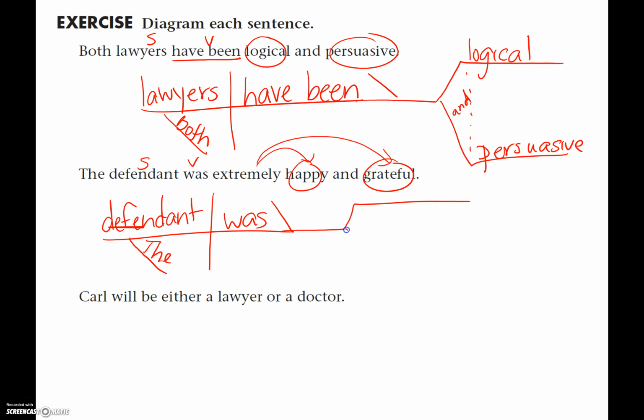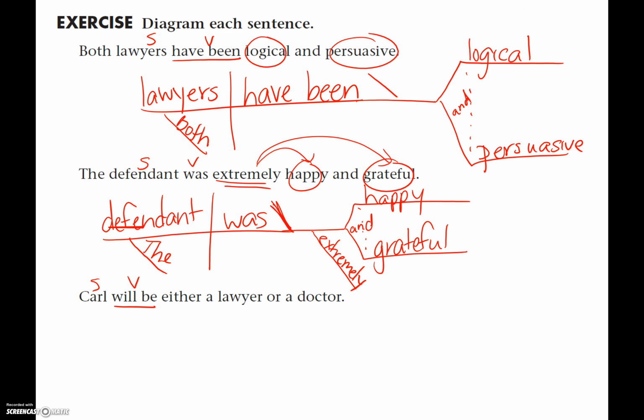We are going to fork to put happy and grateful with our dotted line for and. The extremely, because it's describing both, that's an adverb. It's going to come before the fork but after our diagonal there, to show that it is describing both the happy and the grateful.